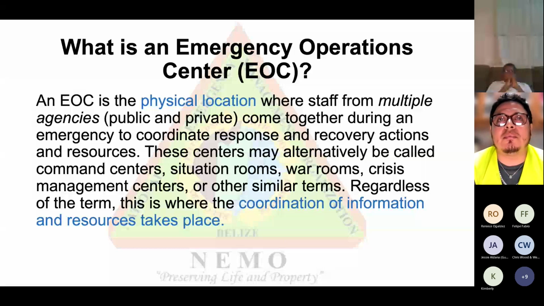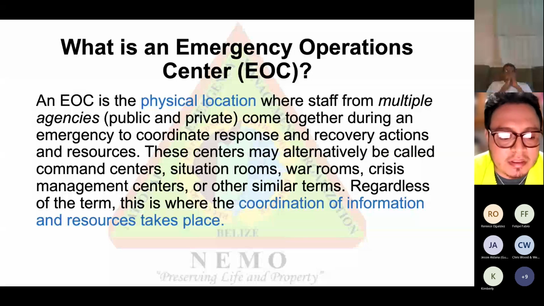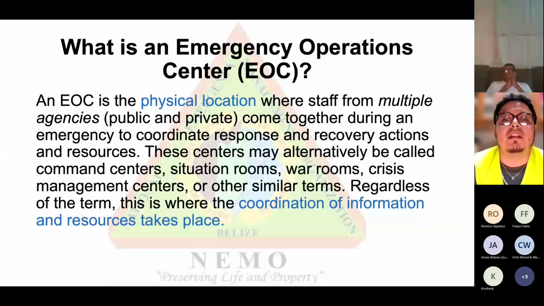In Rotary, they use conference rooms. Regardless of the term, this is where the coordination of information and resources takes place, what we call the action place. I made a video so you can see the EOC Center in Santa Rita, which is the first EOC we have.